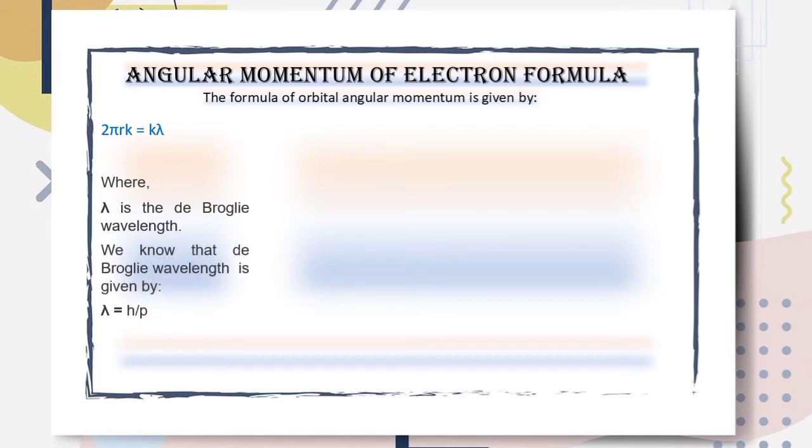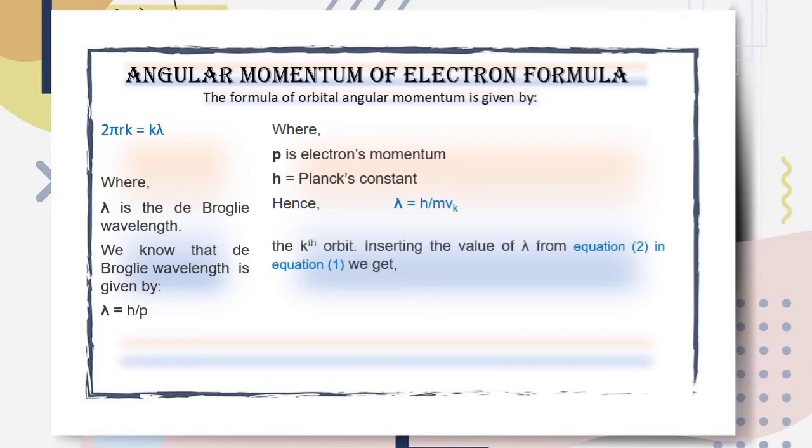We know that the de Broglie wavelength is given by λ = h/p, where p is the electron's momentum and h is Planck's constant. Hence, λ = h/mvk, where mvk is the momentum of an electron revolving in the kth orbit.